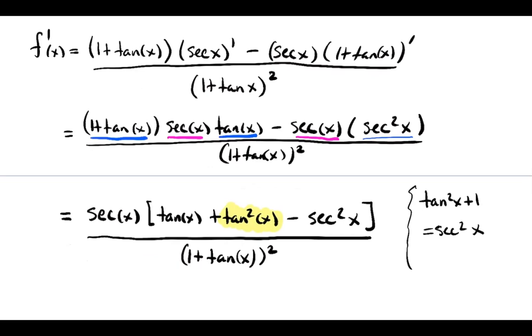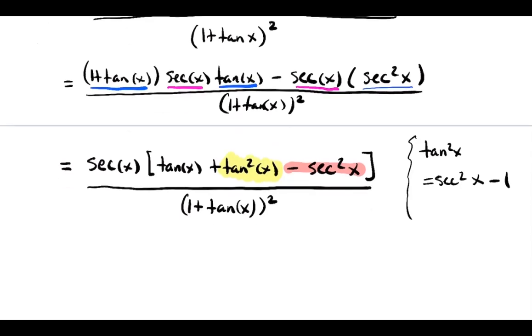So if you rearrange that a little bit, maybe I'll do this by some erasure magic, tangent squared is secant squared minus 1, if I subtract 1 from both sides. So I'm going to replace this yellow highlighted tangent squared with secant squared minus 1. And when I do it, the two secant squareds, one has a plus sign, one has a minus sign. They eliminate each other, right?